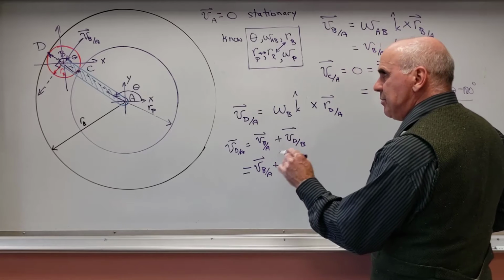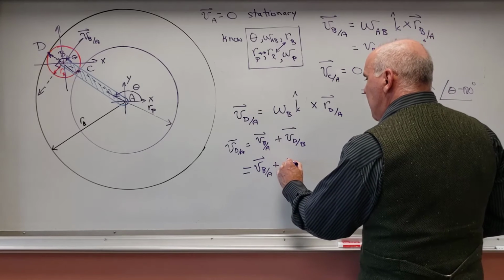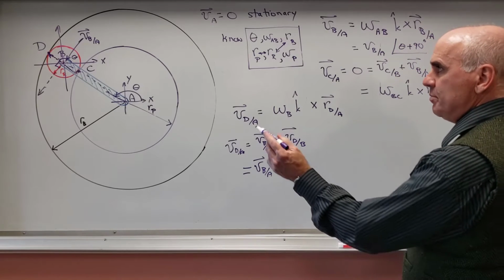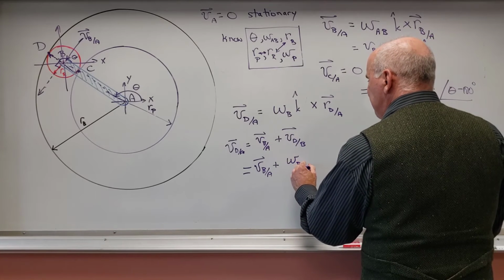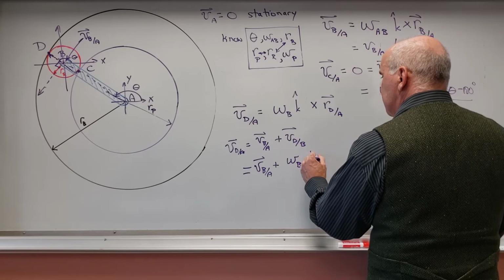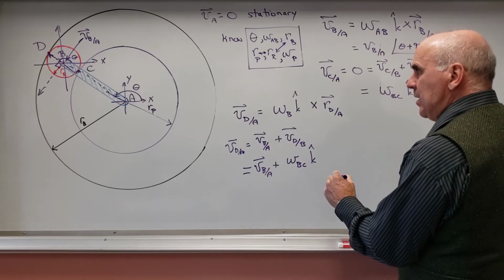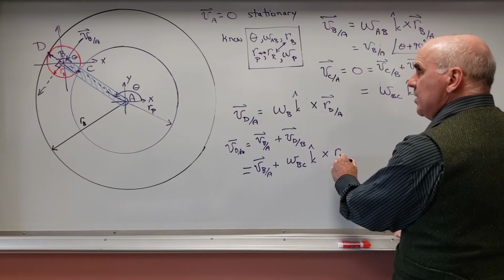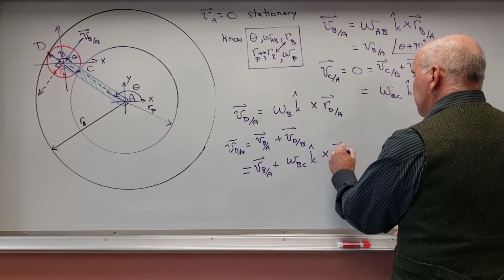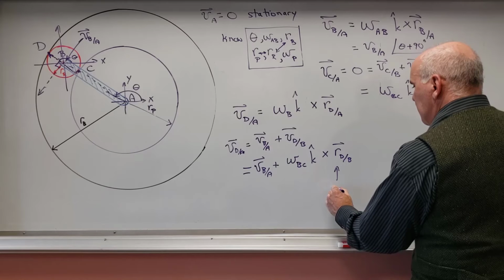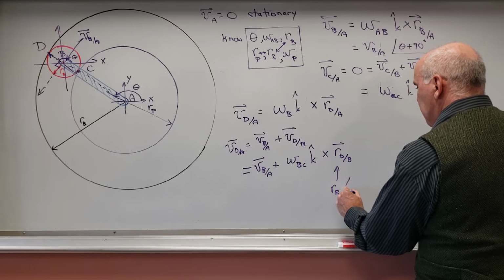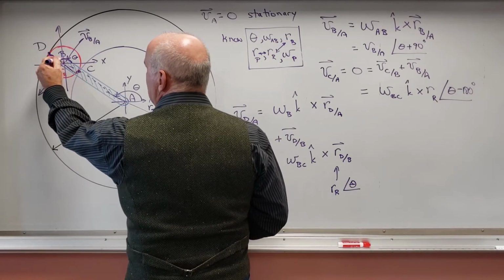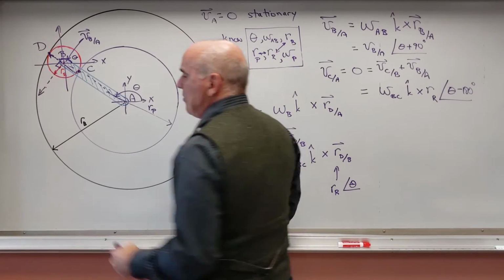The velocity of D with respect to B is going to be omega of the red gear, which I call BC currently. It's the same, BD or BC, doesn't matter. That's in the k hat direction, crossed with the position of D with respect to B. But this is just going to be the red radius at an angle of theta, because it's coming off at this same angle, but it's the red radius.